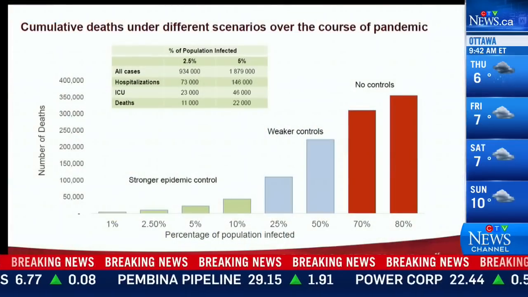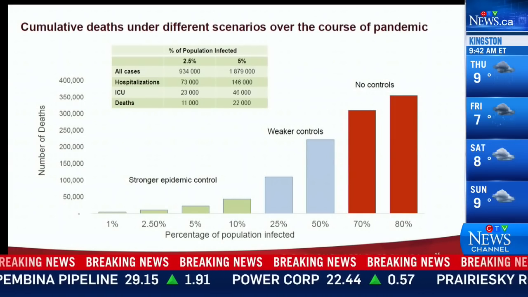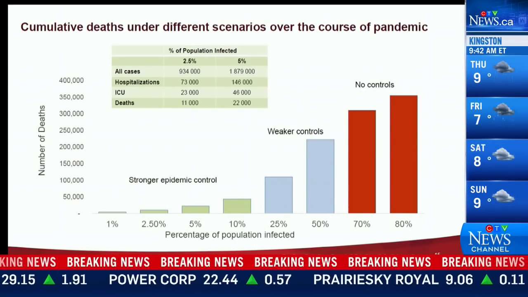Slide 15. This slide shows the cumulative severe outcomes, critical illness resulting in death, for the 3 different scenarios. So in the green bars, that is the green small curve, that is the epidemic control scenario. The blue bars show the weaker controls, and the red bars show what happens when you have no control.